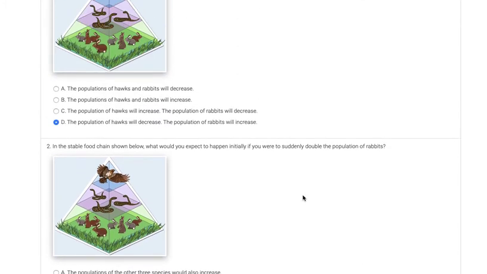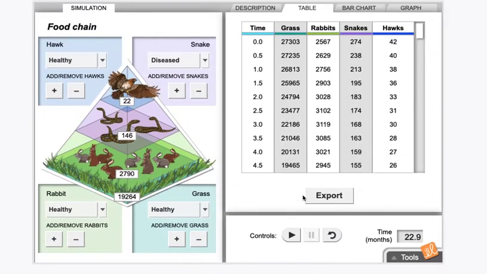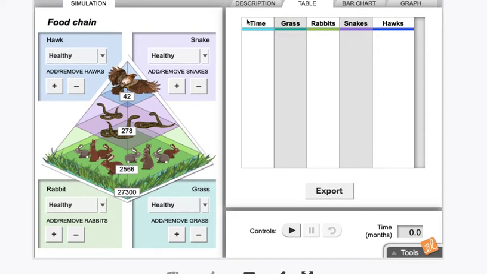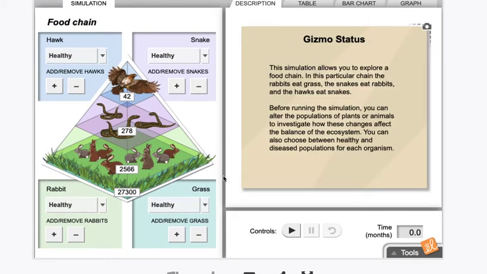D, the grass population and hawk population would decrease, and the snake population would increase. So let's go have a look here. We go back up to our Gizmo, and we go to reset, make sure we're at the beginning. Remember, it says that they have to double the actual rabbit population.